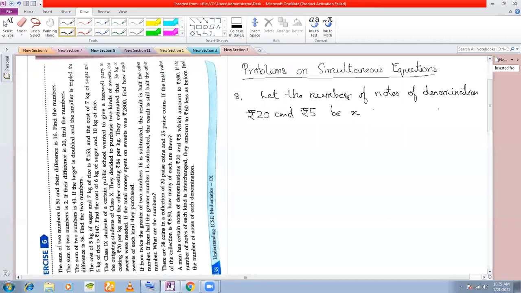That means initially, let us suppose that he had 20 rupee notes which was x in number, and 5 rupee notes which was y in number. So therefore, what is the original amount he had with him?